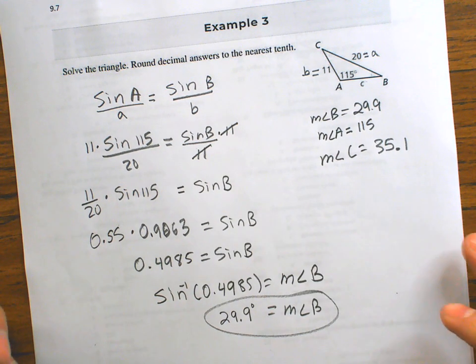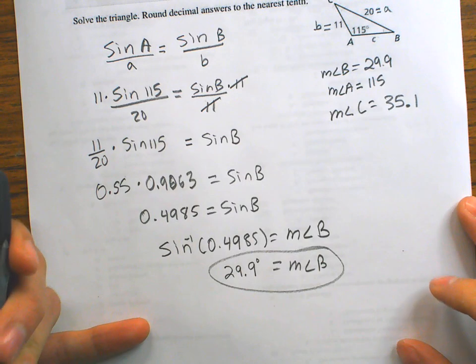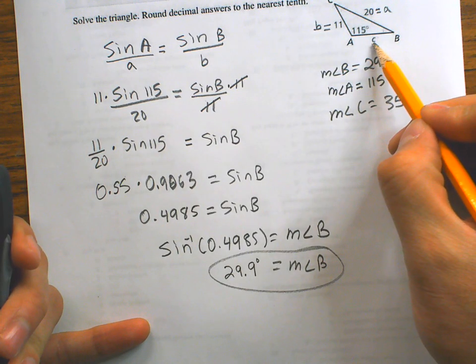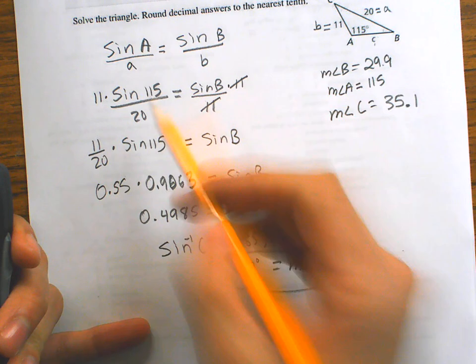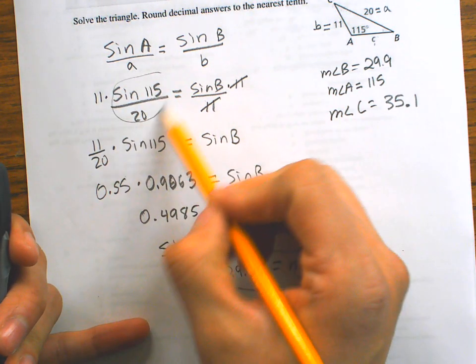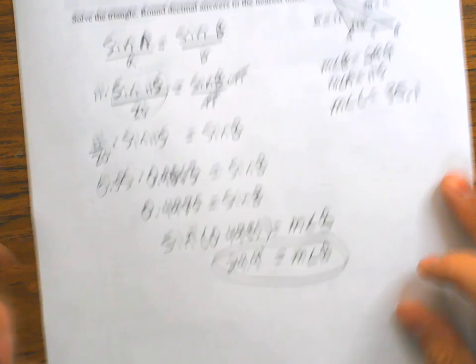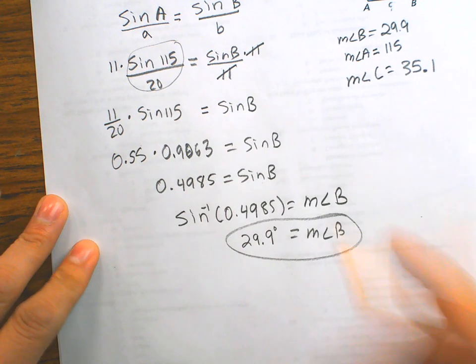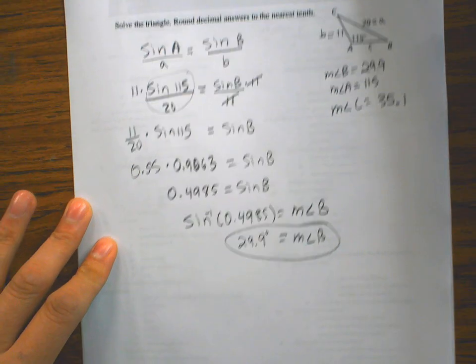The only thing that I am missing now is the measurement of little c. I'm going to use this ratio that I had here already to find out what that is. I'm running out of space here a little bit, so I'm going to zoom out.